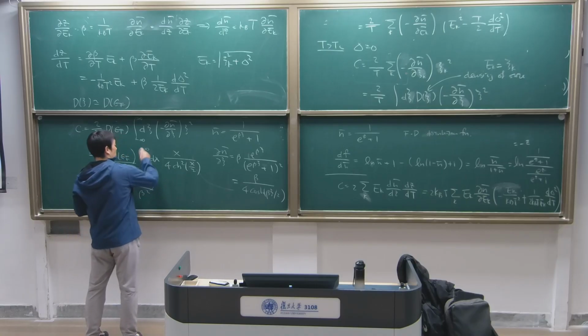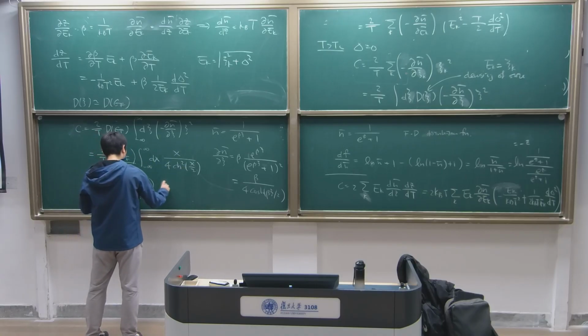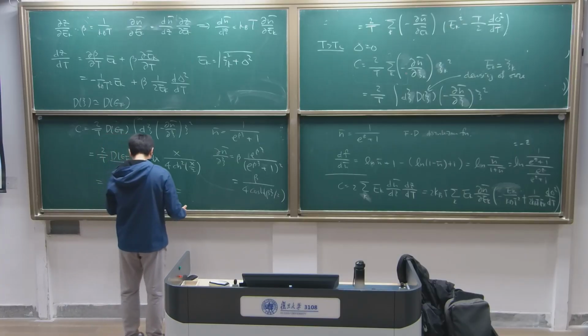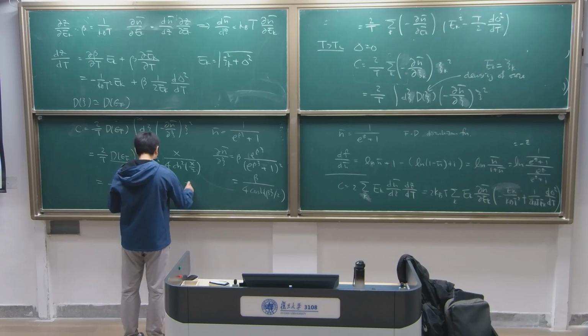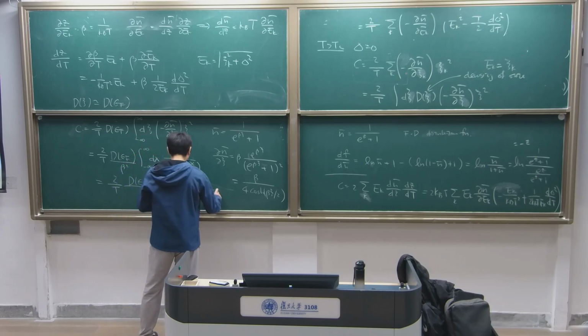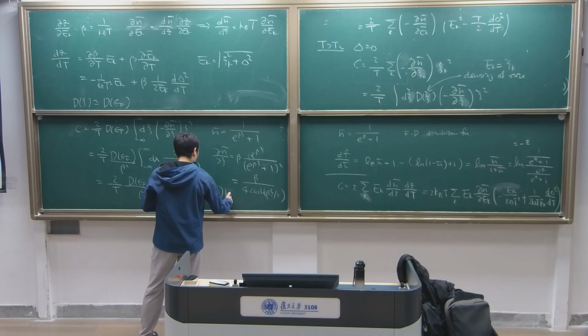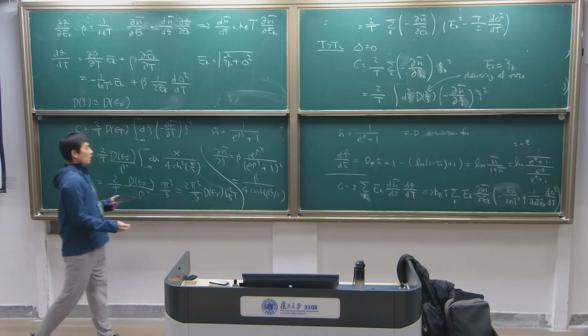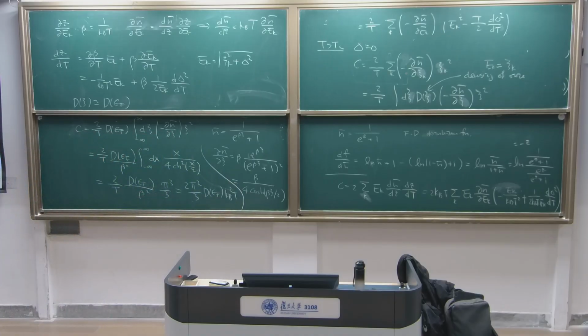And so if you do the formula integral, this is equal to pi squared over 3. So from here we conclude that this is 2 pi squared divided by 3 E F, equation 30. That's what I have written in the notes.